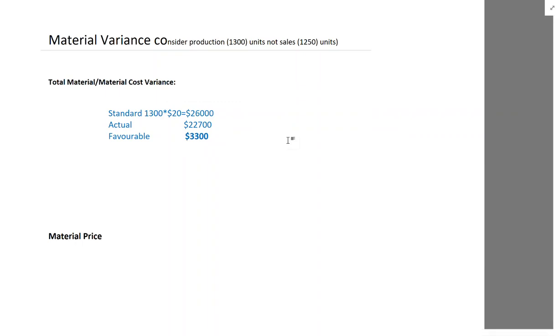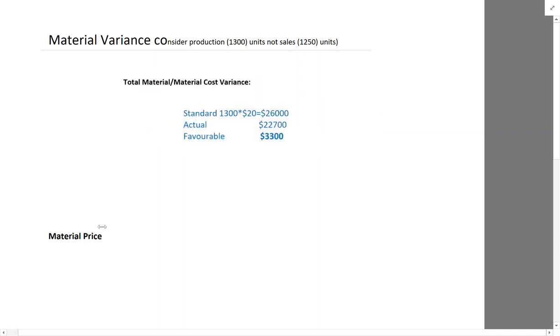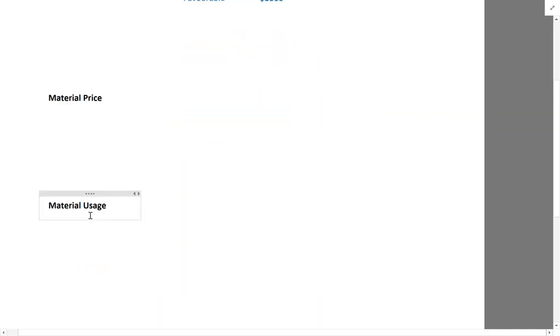Now there are two reasons it cost us less. This is further division of this total. It is price and usage. Either we bought it cheaper or maybe we use less, or maybe both of them. Okay. So according to standard, 1,300 units. How many kgs did we purchase?